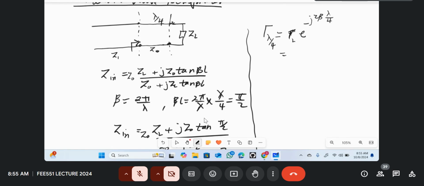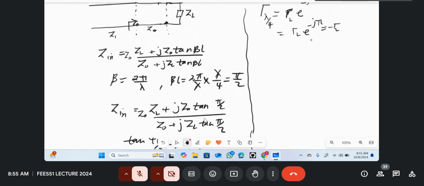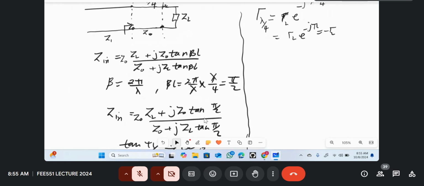If you come up with that, you get something like this, and your input impedance will be something like Z0 times (1 plus the reflection coefficient) over (1 minus the reflection coefficient).